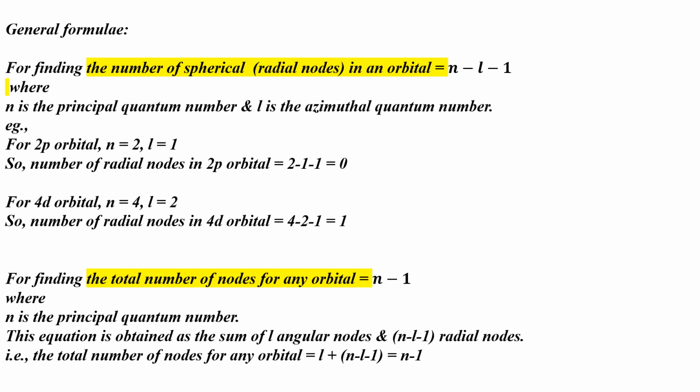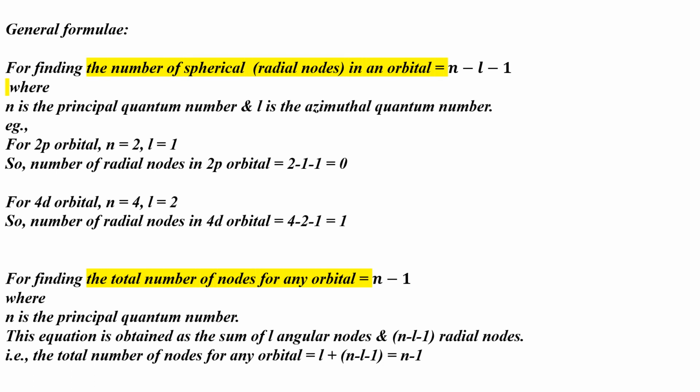From this, it is clear that there are no radial nodes in 2p orbitals. This we have already looked at when we were discussing the shapes of p orbitals. Now, for the 4d orbital, the value of n is 4, and since this is a d orbital, the value of L corresponding to it is 2. So the number of radial nodes in the 4d orbital is given by 4 minus 2 minus 1, which is equal to 1. So there is one radial node in a 4d orbital.